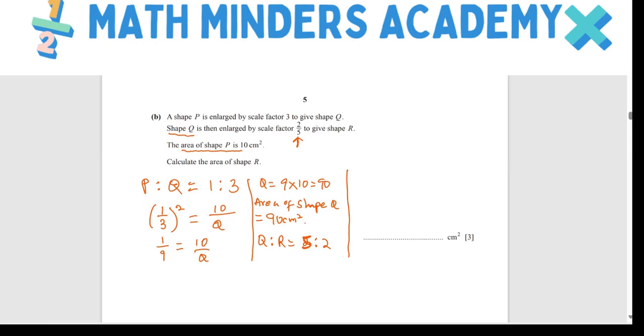Now we go on here to say, if you take the scale factor here, you will see that if you do Q over R, it's going to give us 5/2. Now, the area of Q is known to be 90, but we do not know the area of R. So this is area factor, the right-hand side.